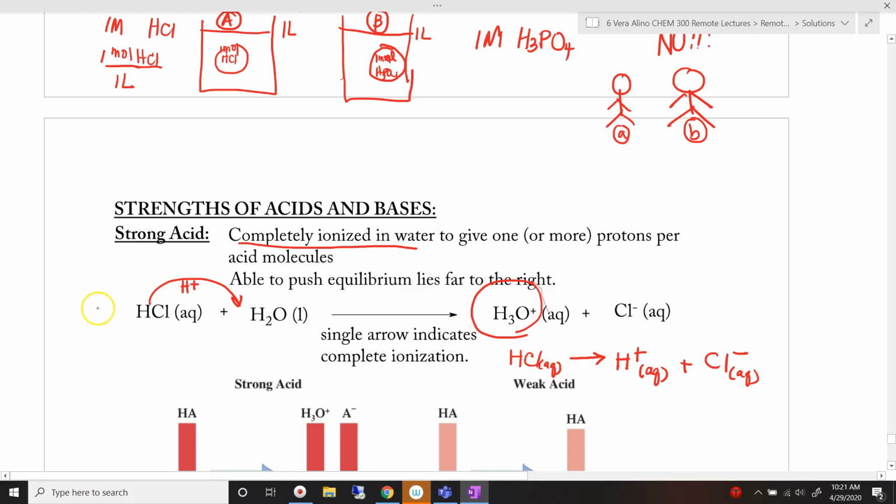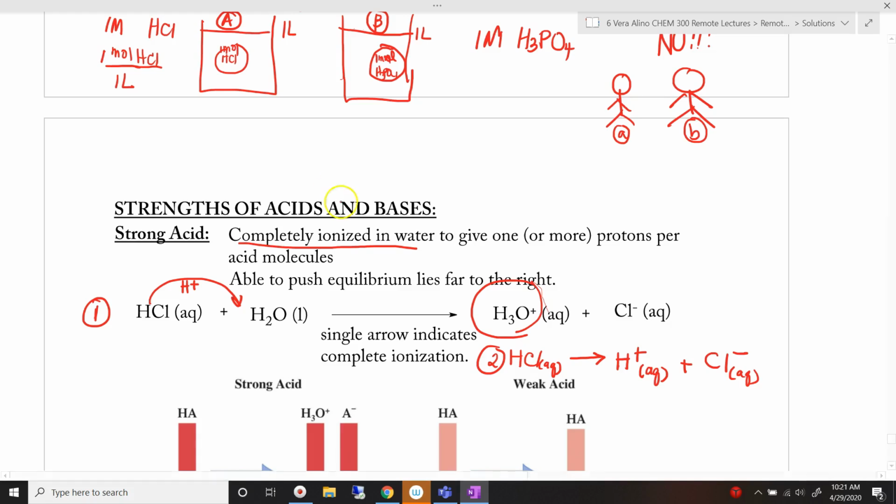Writing it out this way or this way is actually correct. But it's better to train ourselves to write it in a more explicit manner, because in the first method, you can really see who is the giver and who is the acceptor, or where the proton went.